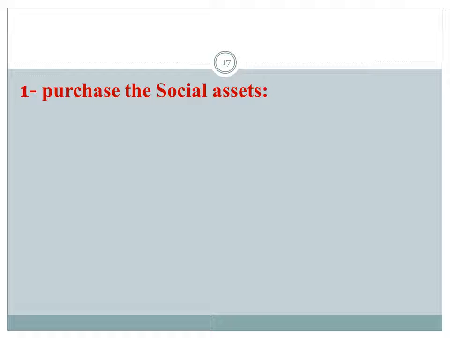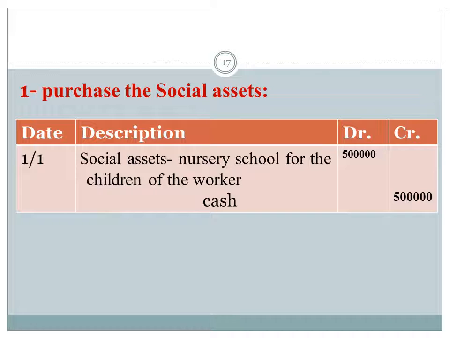First, the company purchases a social asset, or the company is constructing a social asset. In this entry, the asset is increased, so it will be on the debit side.